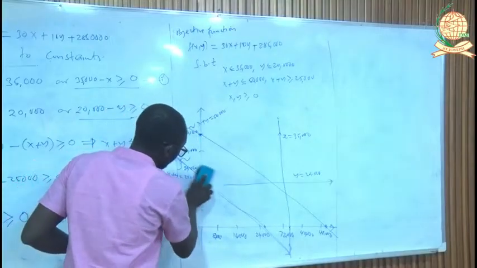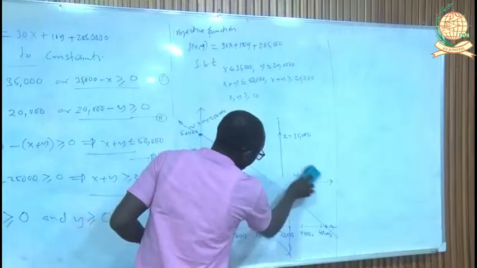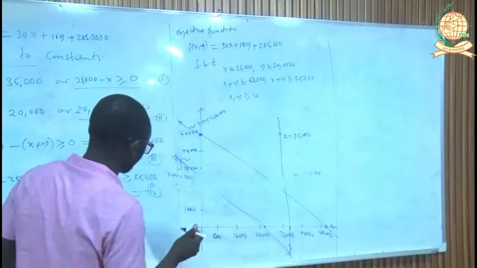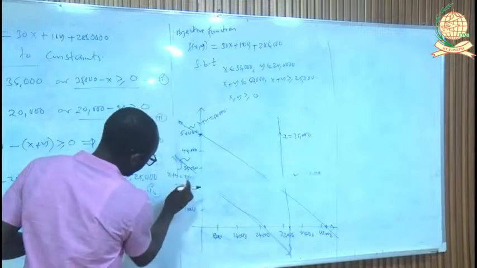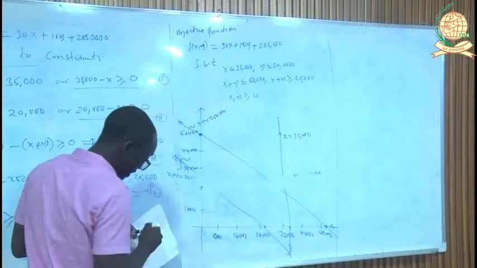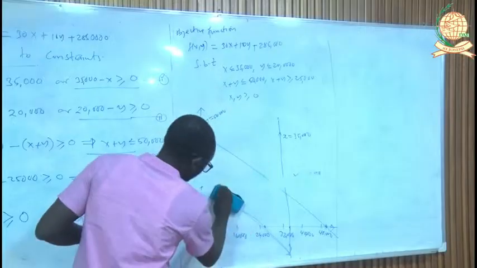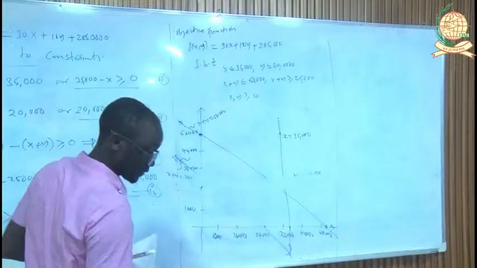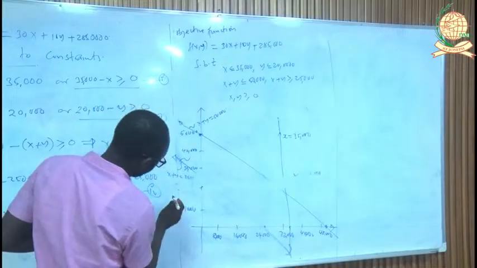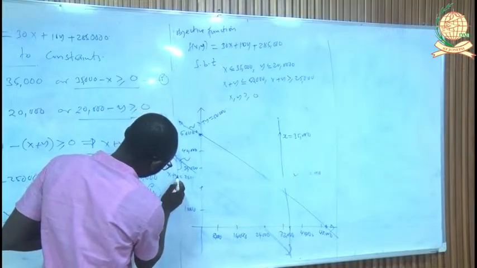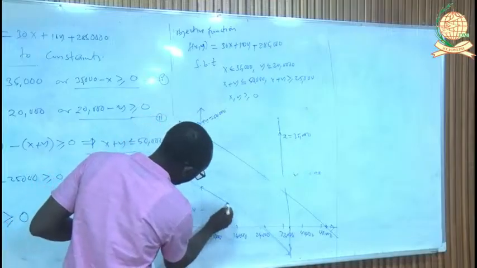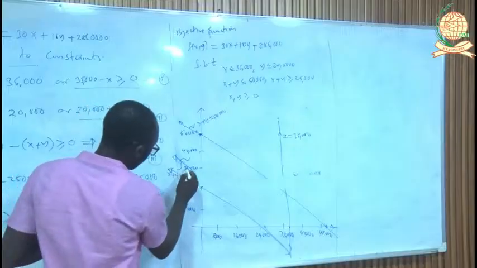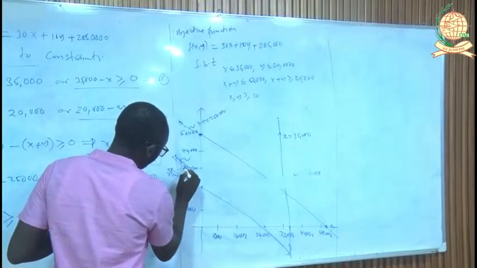I'm going to draw it properly. There has to be a line passing through here, and that line, 20,000, passes from here.